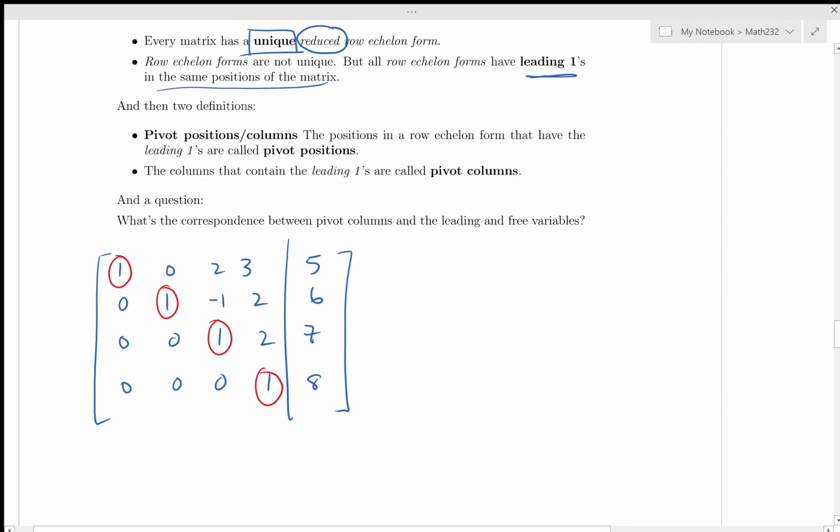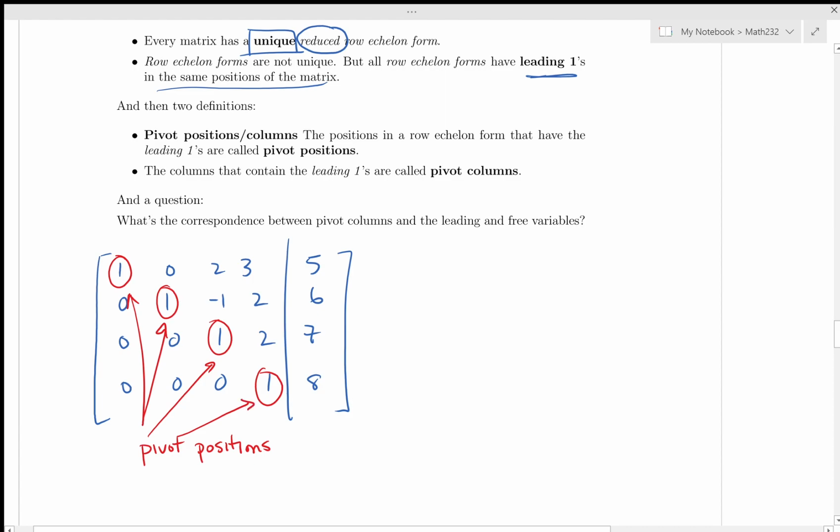I can see that this matrix is in row echelon form. What I have circled, these ones here, are the pivot positions: this, this, this, and that.